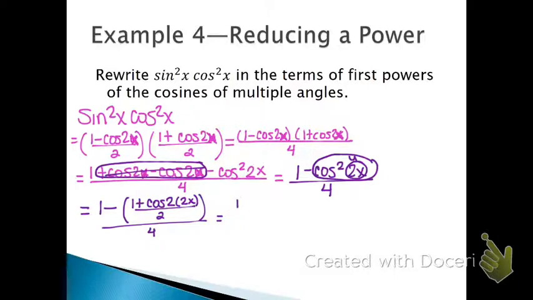Alright, so change that to 1 over 1 minus, I'm just going to simplify inside here just a little bit. 1 plus cosine of 4x over 2 all over 4. How do you subtract fractions?